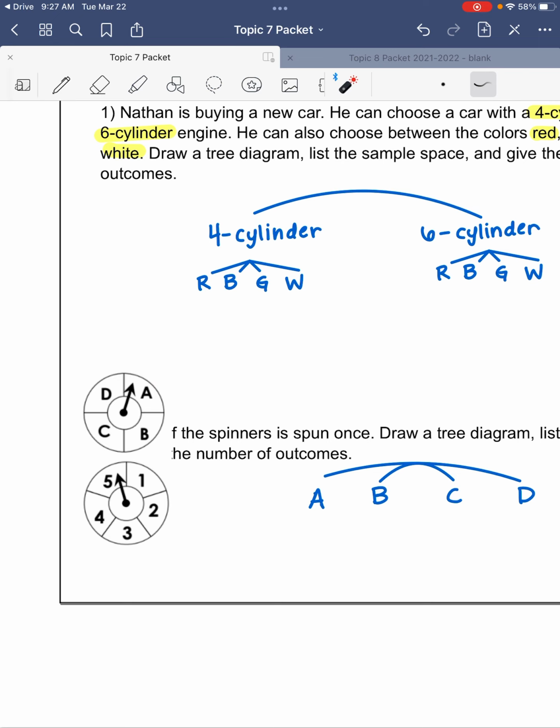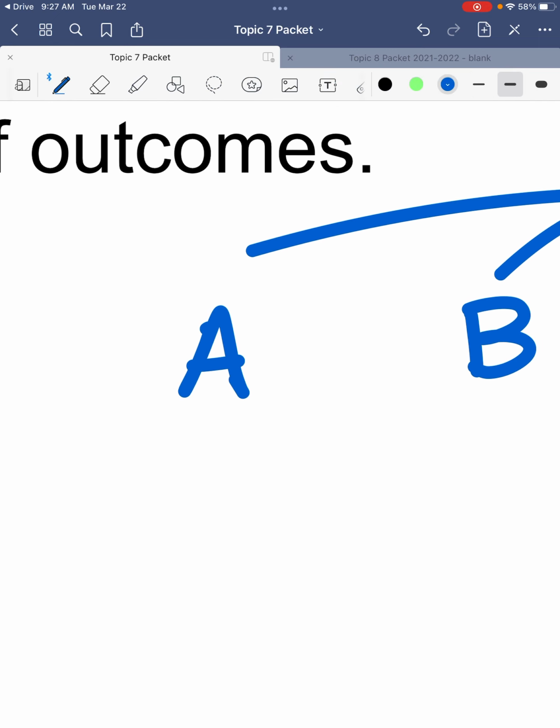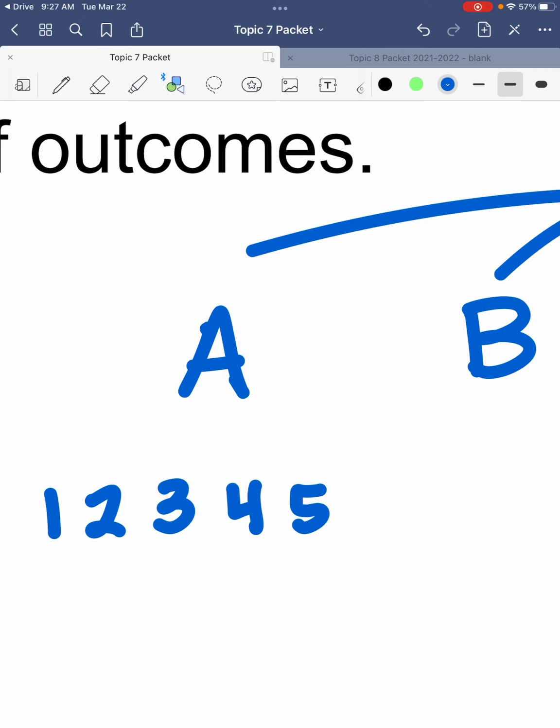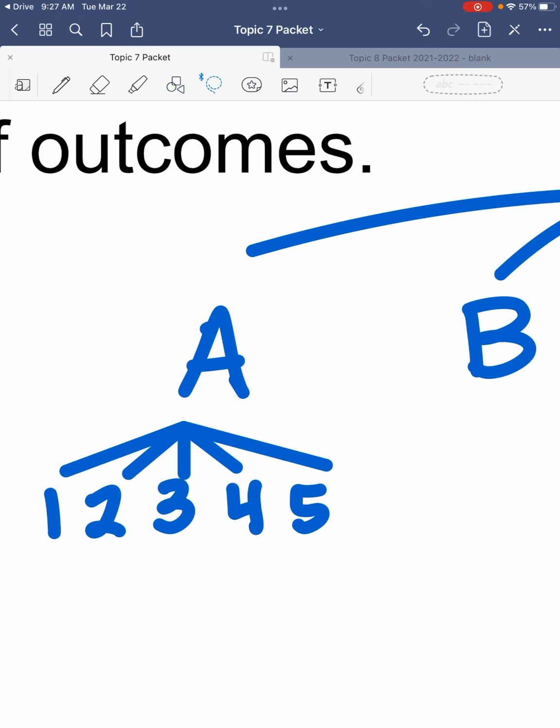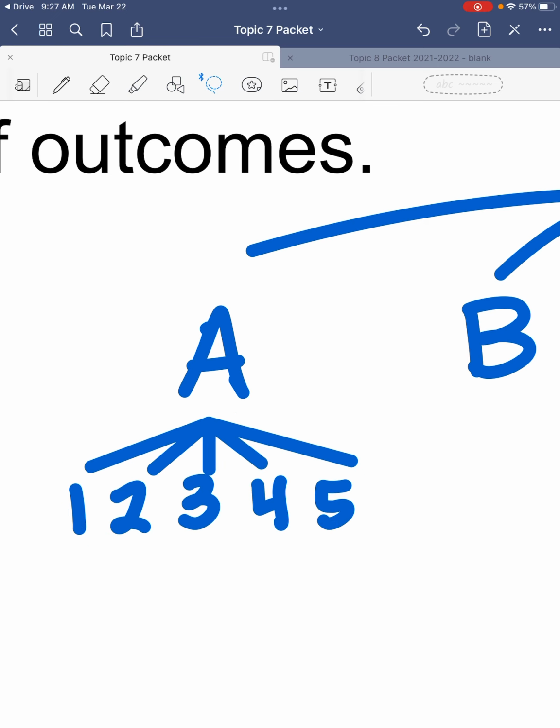Okay? So my second spinner has 5 options. So it's either going to land on 1, 2, 3, 4, or 5, right? So I'm just going to connect those with some lines. So let's go like that, and then like so. Okay, so the first thing that could happen is it lands on A and then it lands on 1.